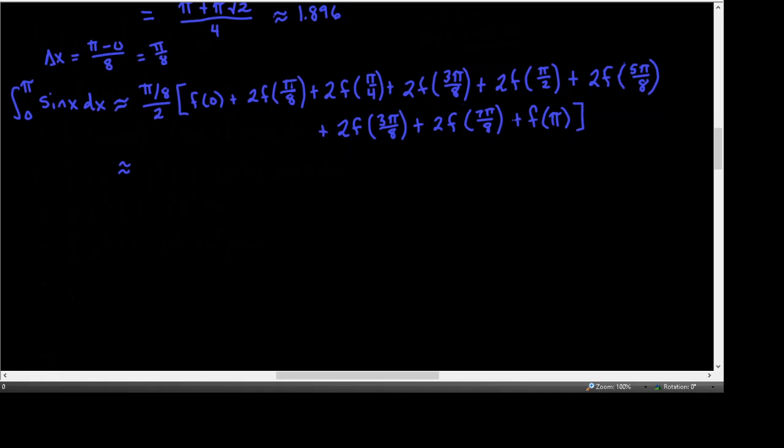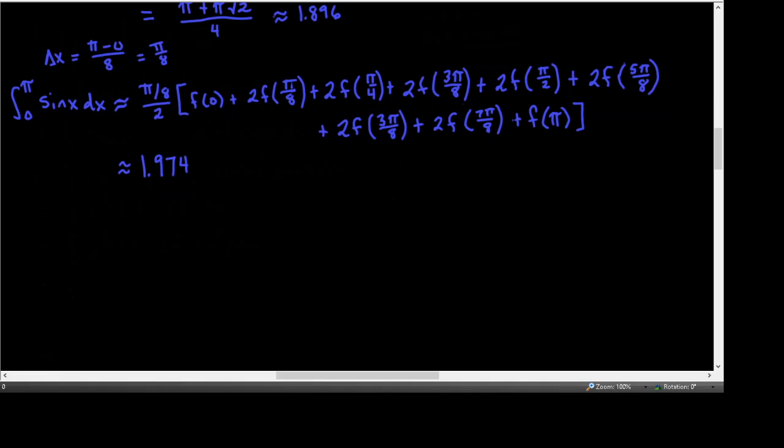You will probably want to think of that as pi over 16 times that sum of things. At any rate, once you've typed this in your calculator, and that's good practice, realizing just how much you don't want to type that many things. Luckily, it's just a simple function like sine of x. If it were something really complicated, you would want to have a shortcut way of doing that, which if you ask me in class, I'd be happy to show you a little bit of a shortcut on how to do this in a calculator.